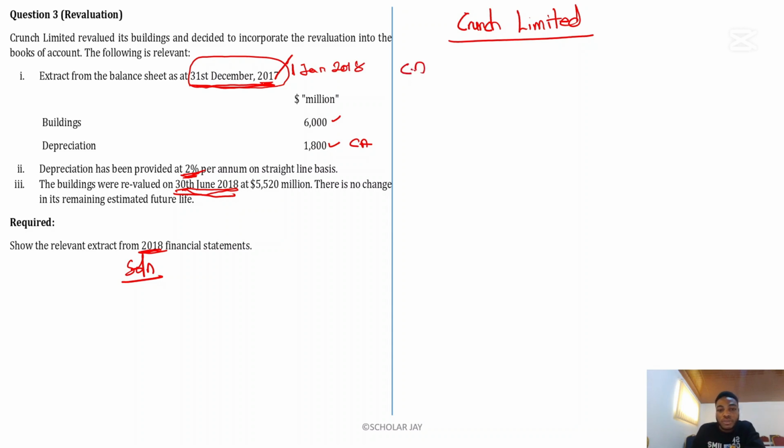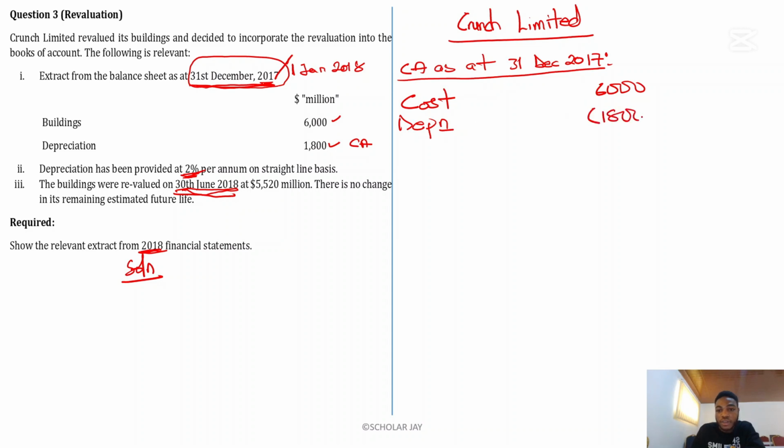So carrying amount as at 31st December 2017. That will be the cost here, which is 6,000. Then the total depreciation here has already been calculated, which is 1,800.